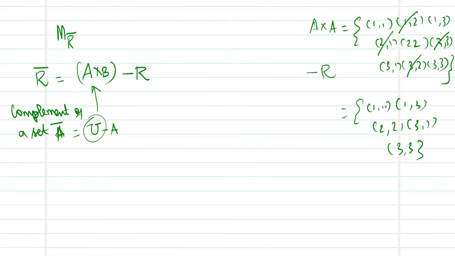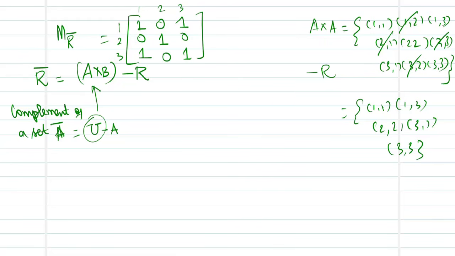So in these positions, I am going to mark them as 1. So with rows 1, 2, 3 and columns 1, 2, 3, what do I have? (1,1) in the relation, (1,3) in the relation, (2,2) in the relation, (3,1) and (3,3). And the remaining positions are marked as 0.